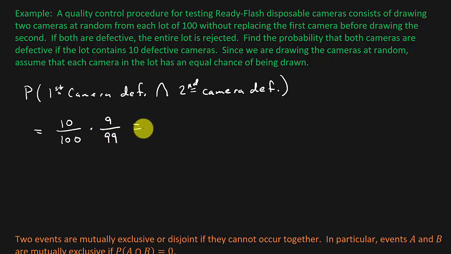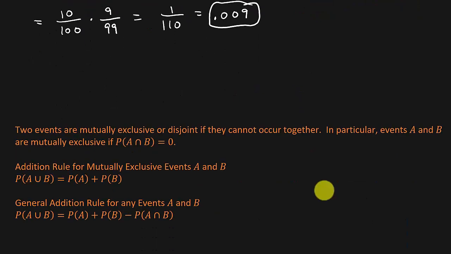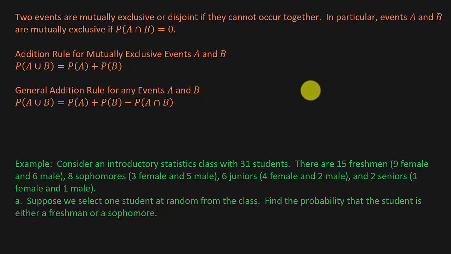And so this ends up being 1 over 110, which is equal to 0.009. So it's not a very high probability that we're going to draw 2 defective cameras. All right, so hopefully all this is making sense. So let's move on.